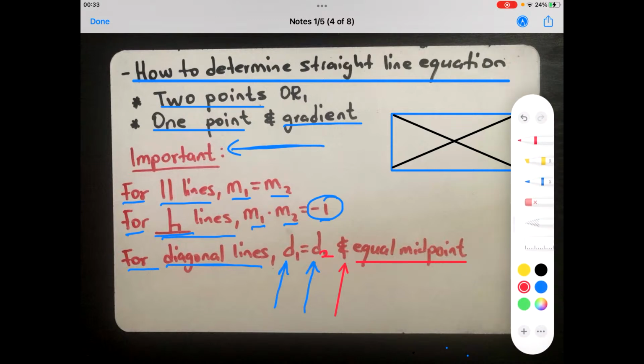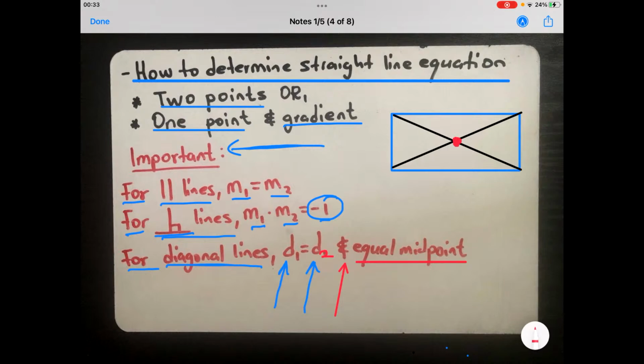So if we are having A, B, C, and D, what I'm saying is BC is equals to AD. That's what I'm saying. And also, that midpoint there, it is common.